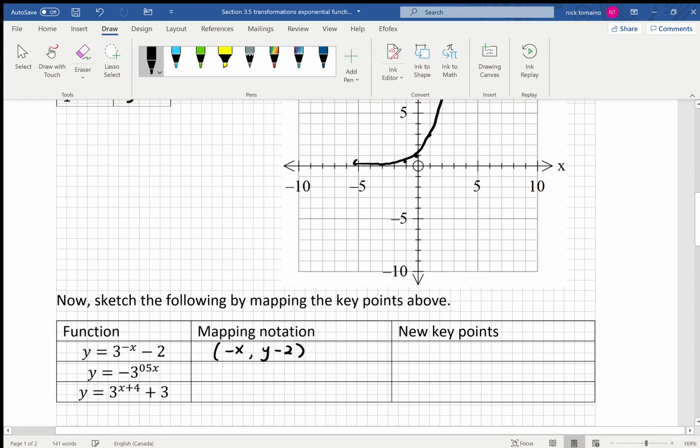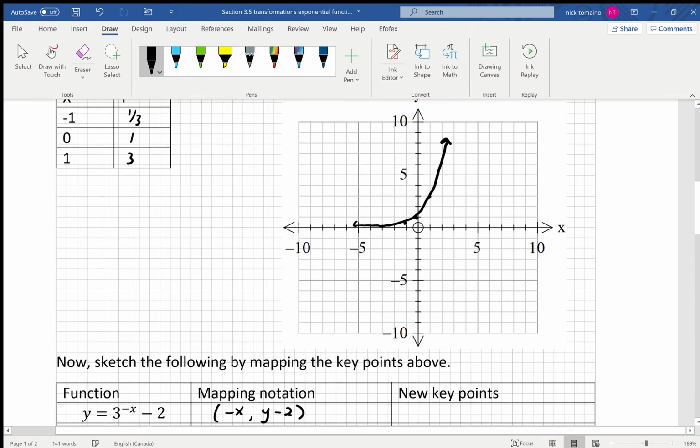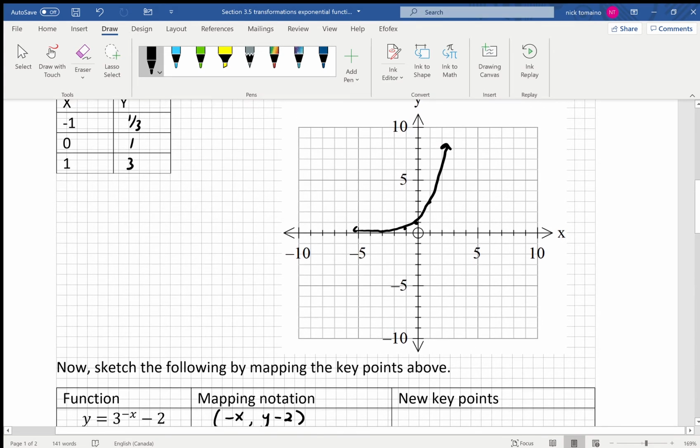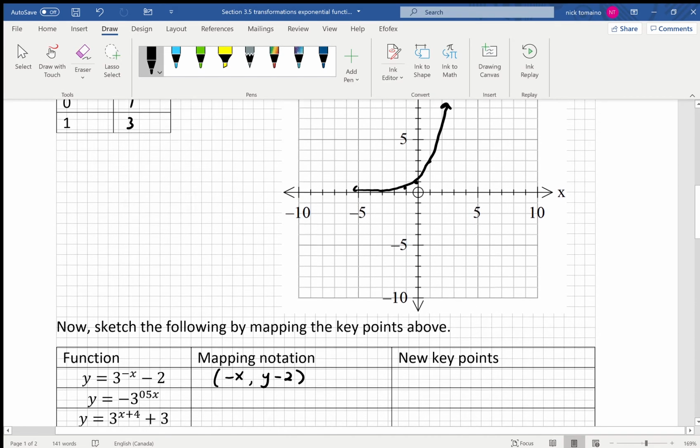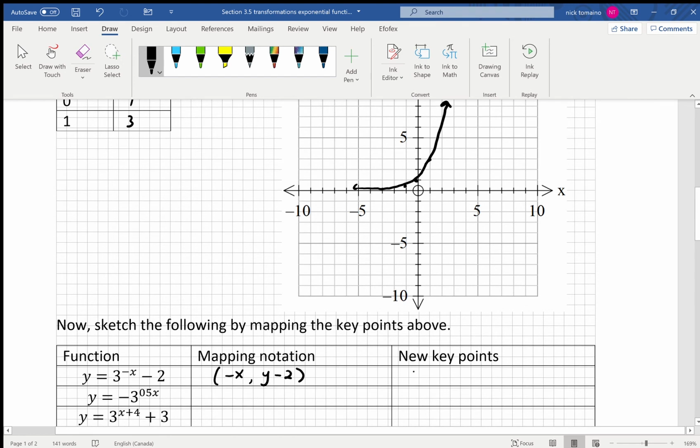Okay, so the new key points, if I change each x value, now it's going to be -x, so it's going to be 1. Okay, and then we have 1/3 minus 2. So common denominator, so it'd be 6/3, which will be -5/3.